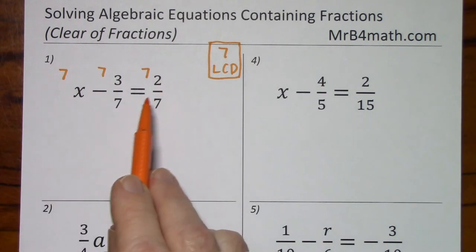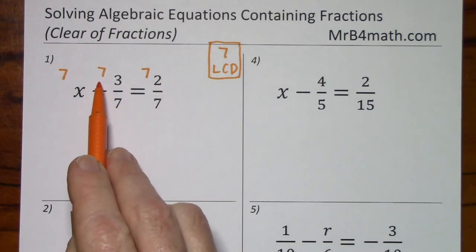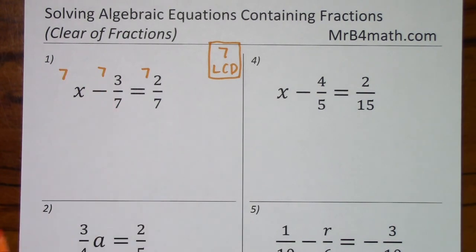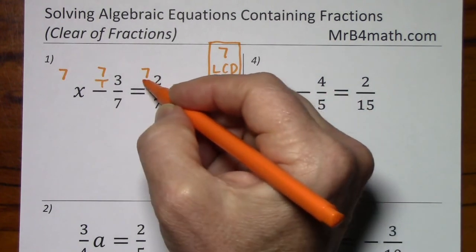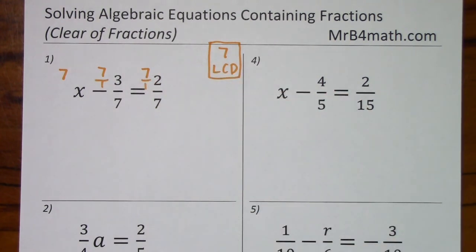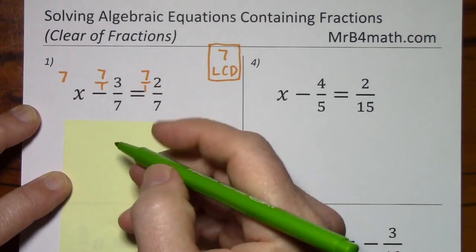The whole point of doing this is to get rid of these denominators. So I'm multiplying by 7, but if I'm multiplying a fraction, I want a fraction. So let's call this 7 over 1, and let's call this 7 over 1. I'll show this explicitly very briefly.